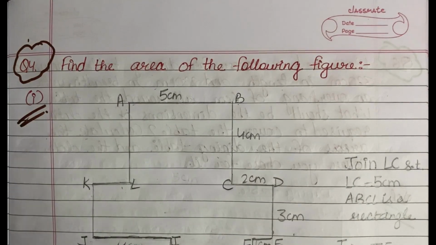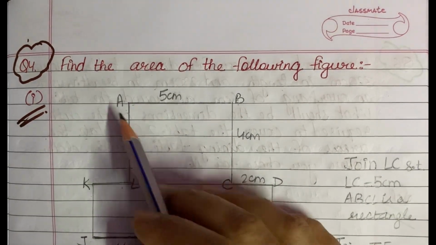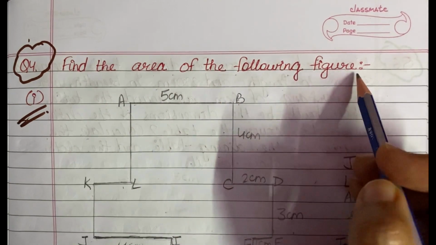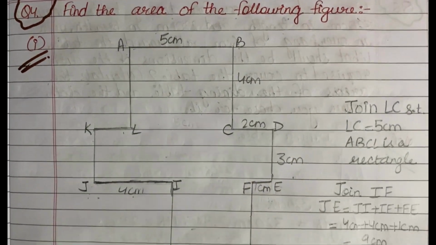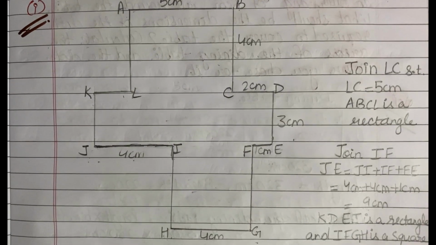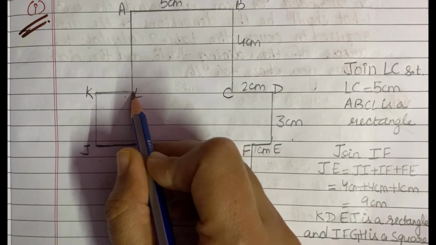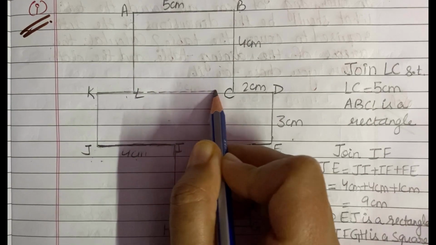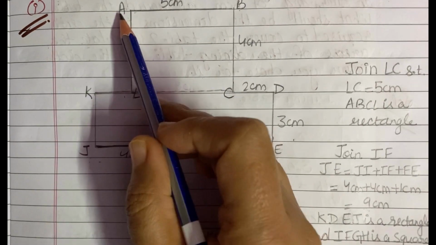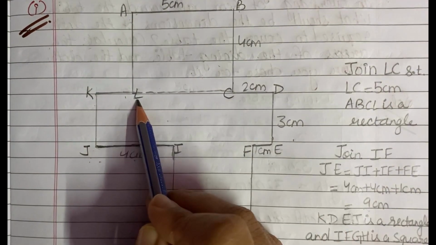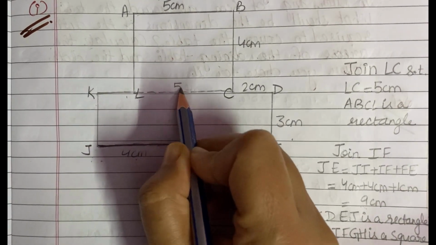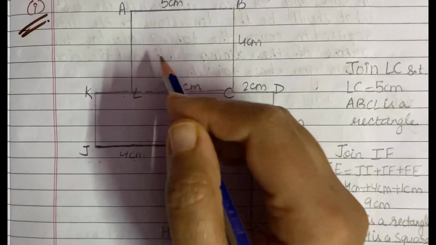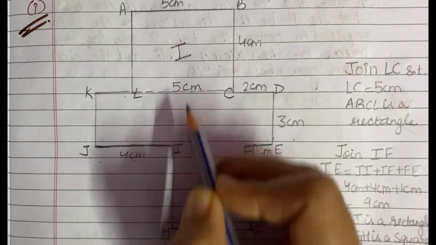Next is question number 4, and question number 4 says that find the area of the following figure. And the first part, see students, in the first part one figure is shown to you, and in this figure if you join LC, then this ABCL will become a rectangle such that LC is equal to 5 centimeter, and mark this as first part.